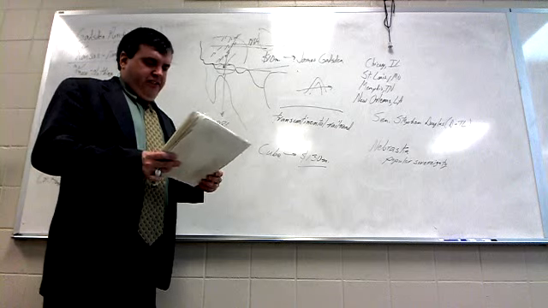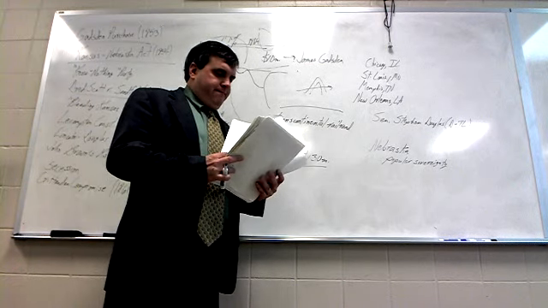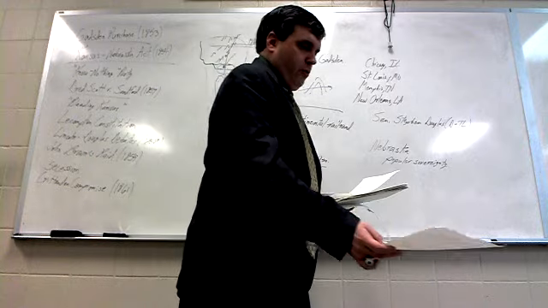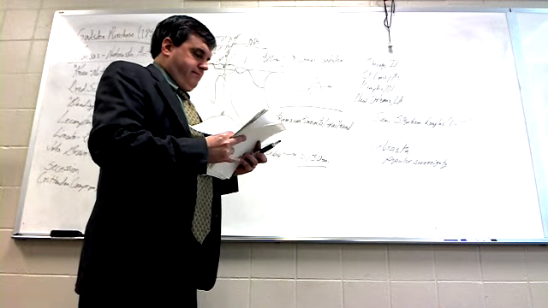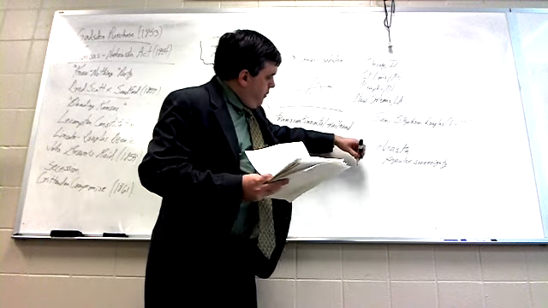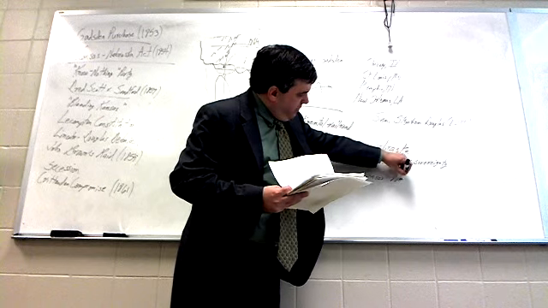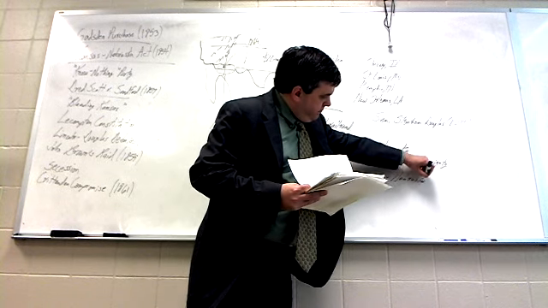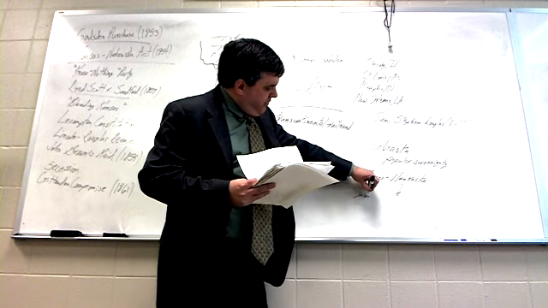So Douglas responds to this by essentially rewriting the entire bill, reorganizing it as the Kansas-Nebraska Act, creating two territories. Both would have popular sovereignty written into them.